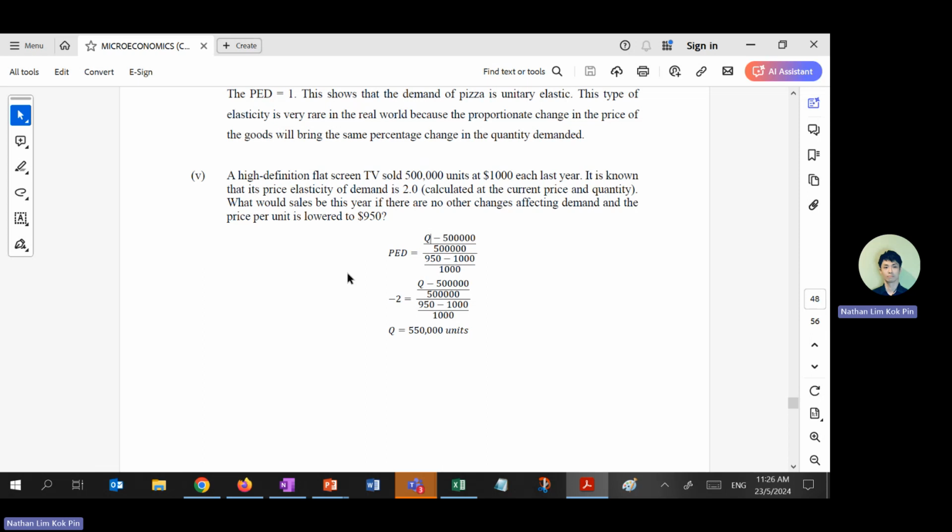P1 is 950 minus P0, 1000, divided by 1000. After that, you will find out that the correct quantity should be 550,000 units, not 450,000 units. For those who got 450,000, it's because you used PED equals 2. Make sense? So this is the working I show here.